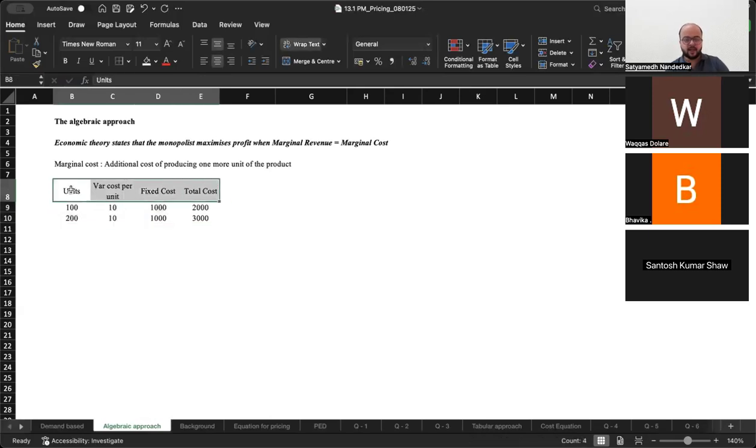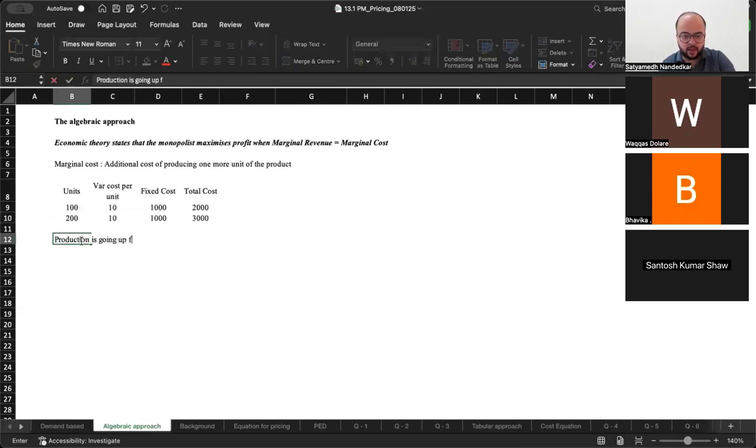Now, understand how is marginal cost calculated? What did I say? Cost of producing one more unit. Here, the production is going up from 100 to 200 and cost is going up from 2000 to 3000.